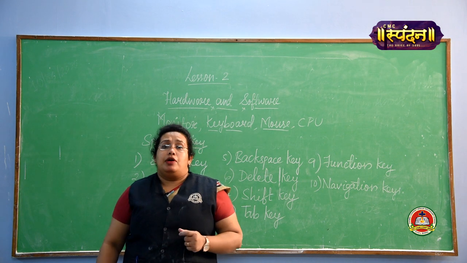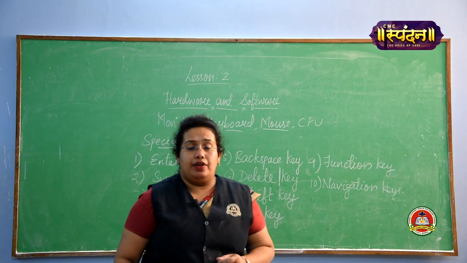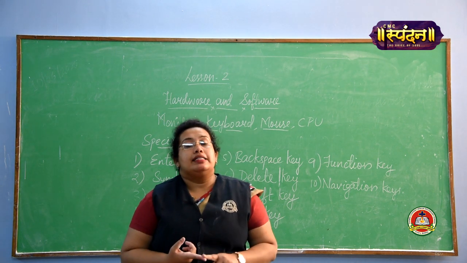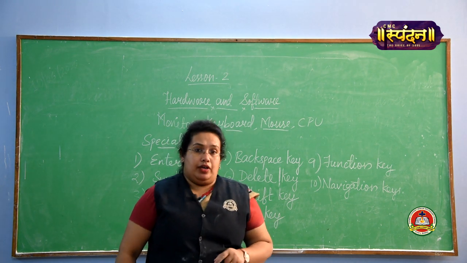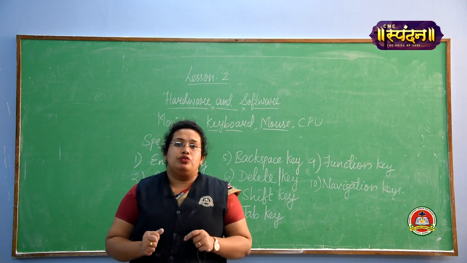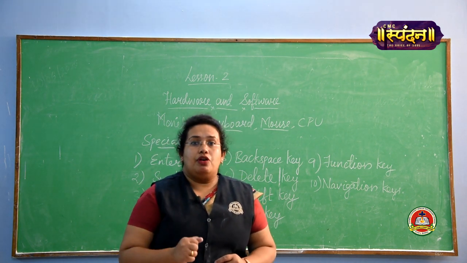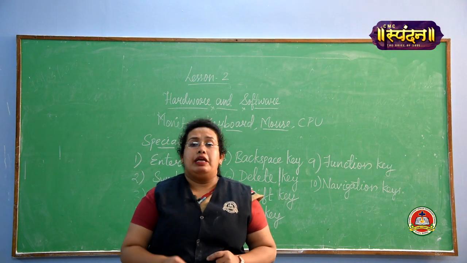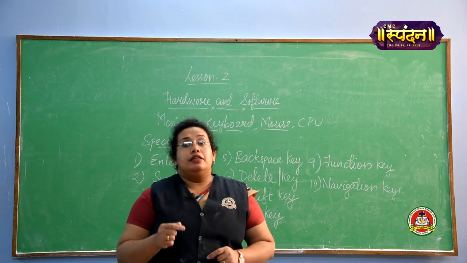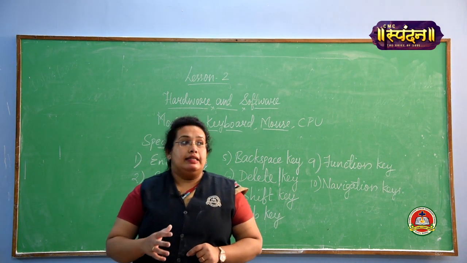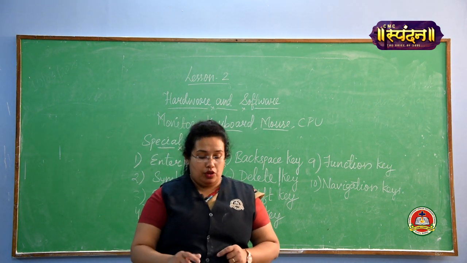So now we will study two different types of software. We have two types of software, that is system software as well as application software. So what is the difference between these two types of software and why we require them, we are going to study. System software means the software which is very important for the computer and the software which controls the functioning of a computer, that comes under system software.